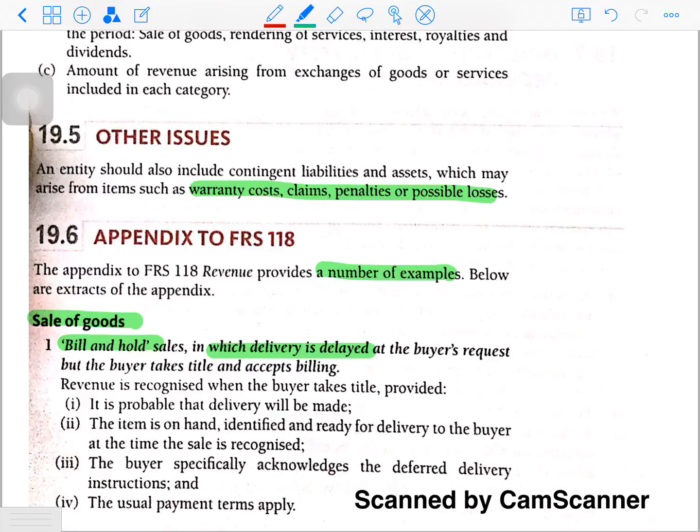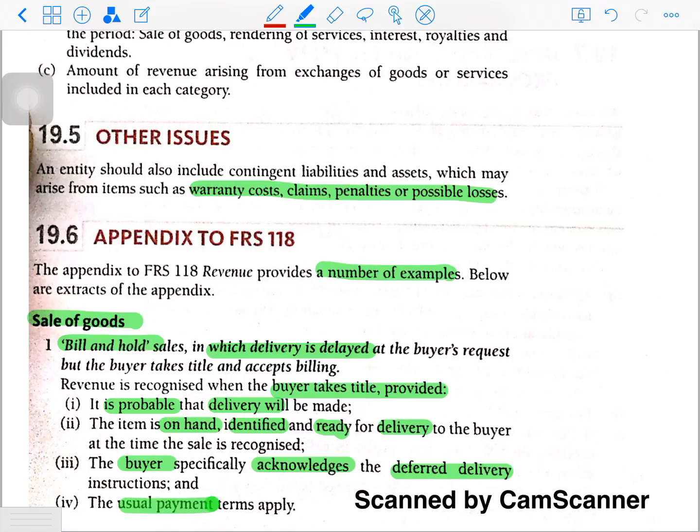So what happens in bill and hold? Revenue is recognized when the buyer takes title, provided it is probable that delivery will be made and the item is on hand, identified and ready for delivery at the time the sale is recognized. The buyer specifically acknowledges the deferred delivery instruction.